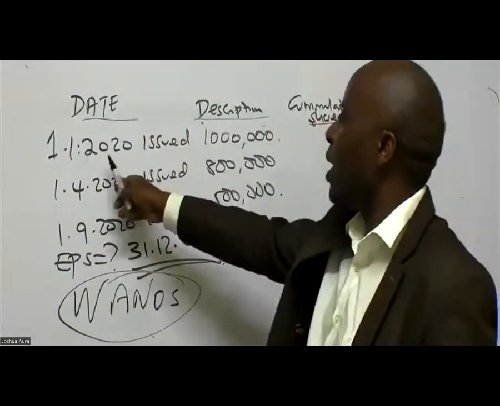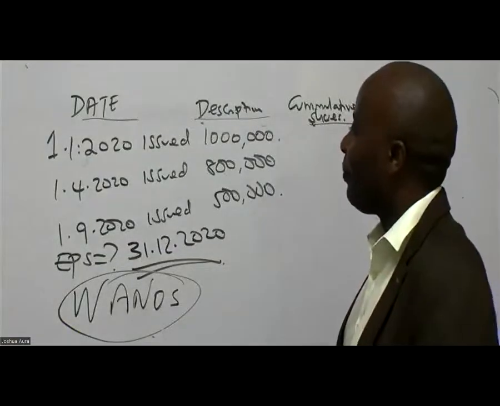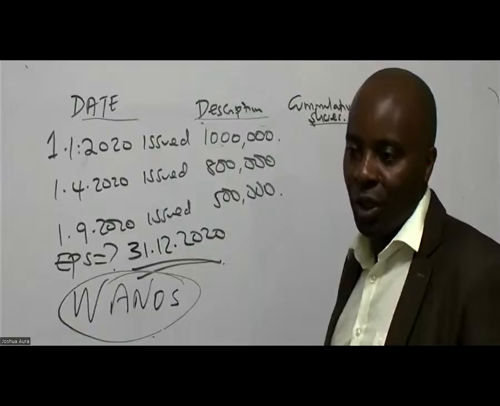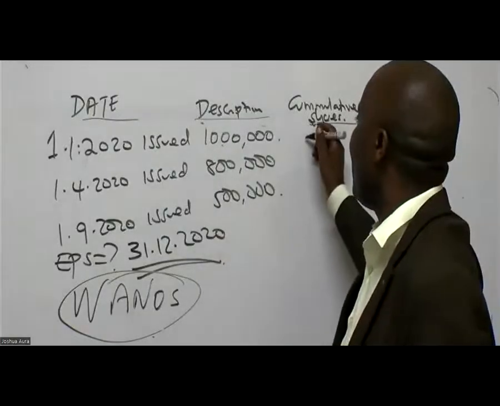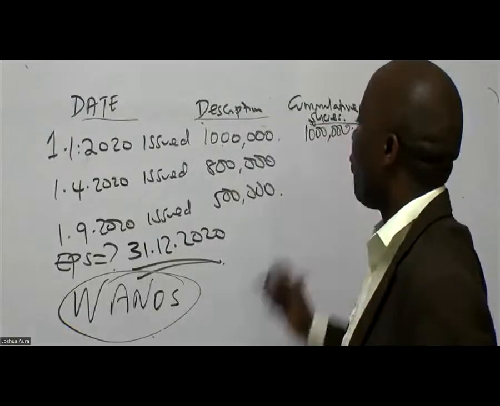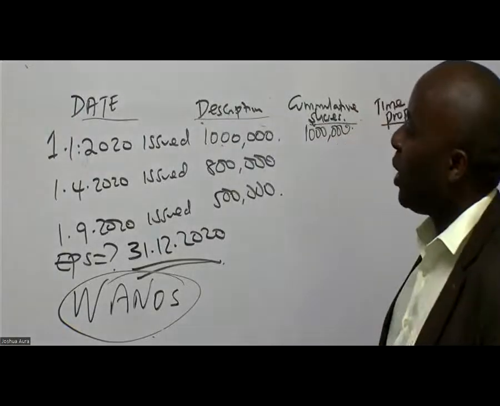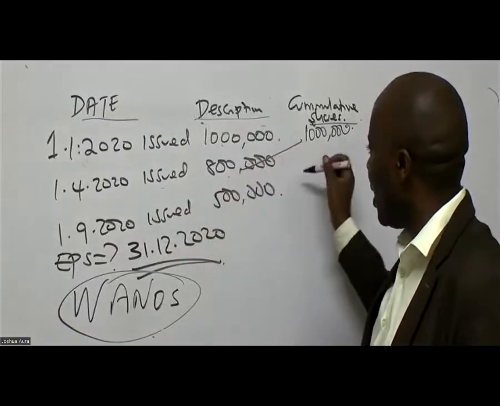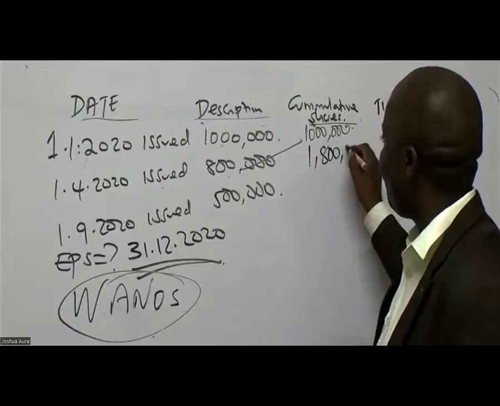The first date that we have here is 1st of January 2020, when we issued how many shares? 1 million shares. So cumulatively, nothing much to talk about here, it's 1 million. Now from there, you go to the second one. We had this number of shares issued on this date, so you take this and accumulate, and we get 1.8 million.